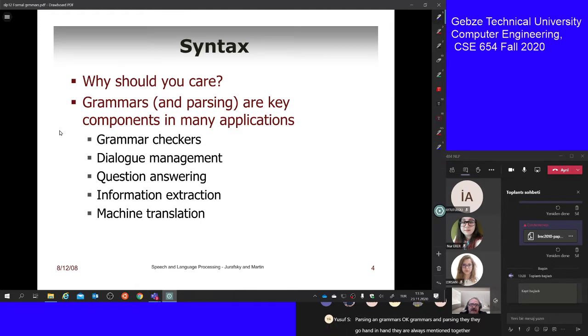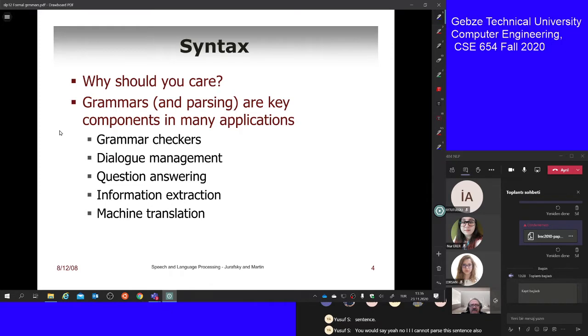Parsing is this: given a sentence, determining if that sentence belongs to a language grammar. Can I explain that sentence in terms of that language grammar? That is the process of parsing. When you do the parsing, the answer is not just yes or no. If the grammar doesn't fit the sentence, you would say, no, I cannot parse this sentence.